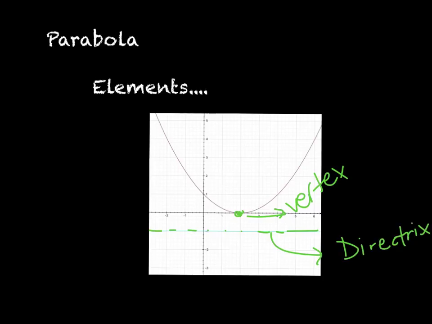The parabola also has a focus, which is the fixed point. And the parabola also has an axis, which is in this case invisible, but I'm going to draw it. The axis of the parabola is the imaginary line that divides the parabola into two equal pieces.